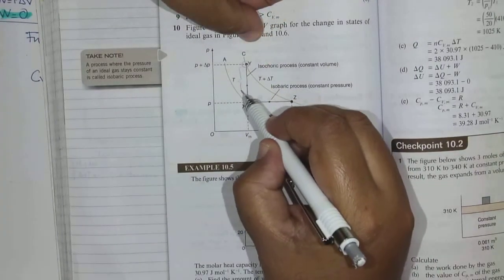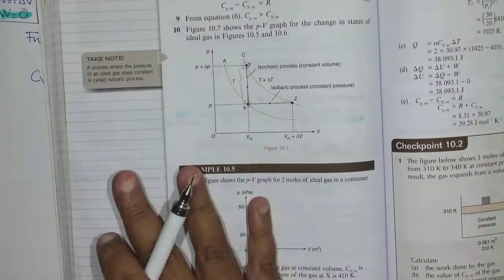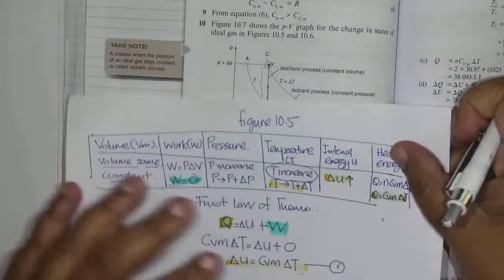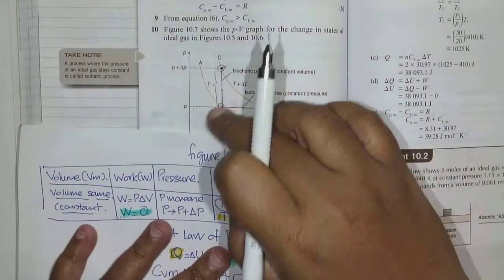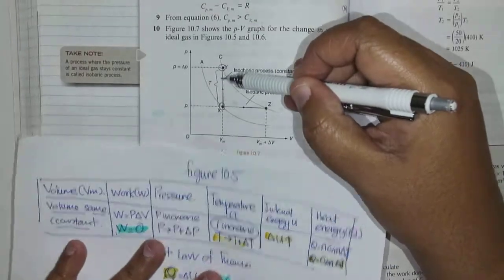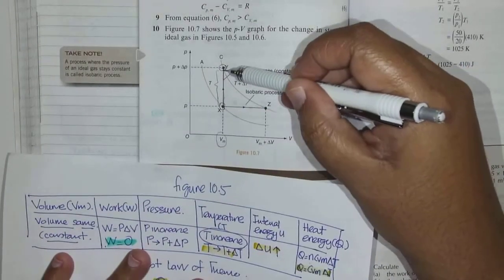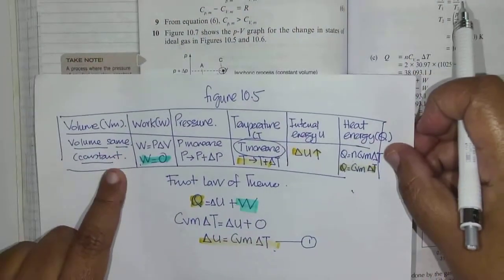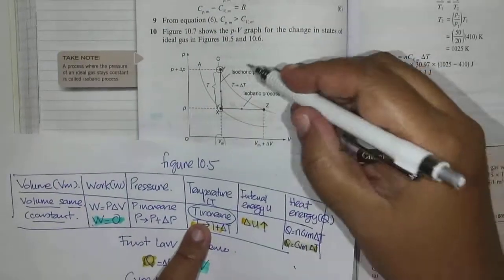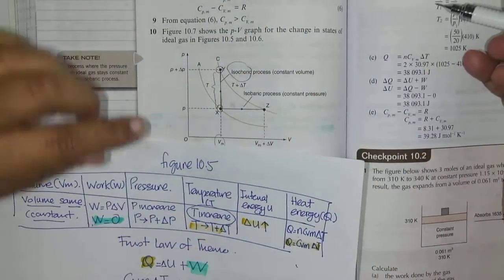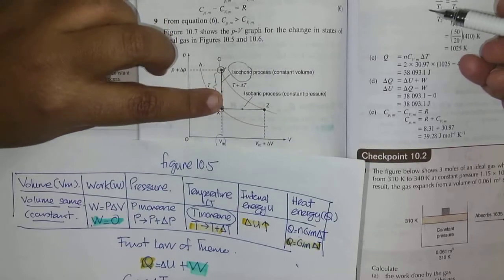In figure 10.5, you will notice that the volume is constant, so it is called an isochoric process.